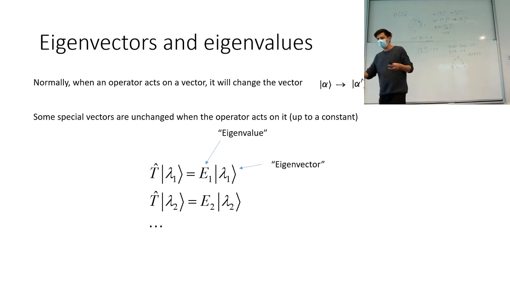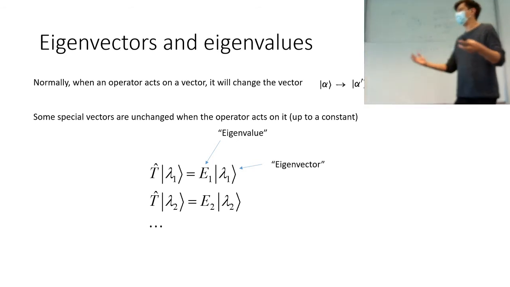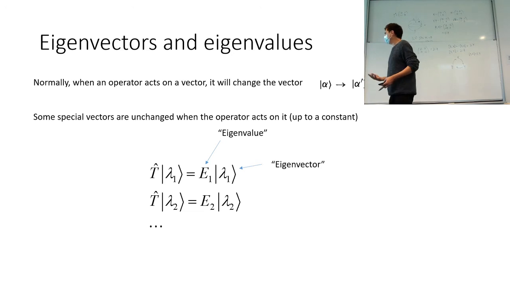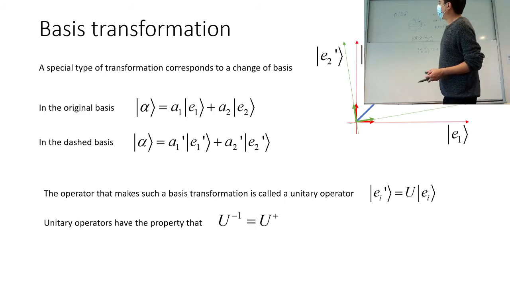There are certain states which are very stable in terms of the time evolution of the system, and these turn out to be the energy levels. Okay, all right, but we'll come back to that maybe.